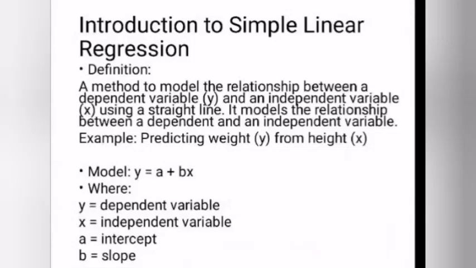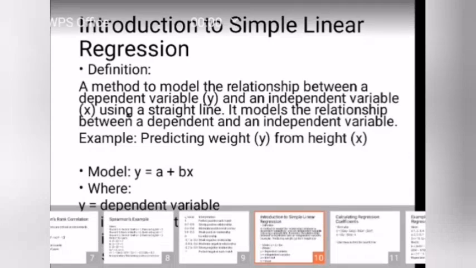The formula for getting the line is y is equal to a plus bx. That's the formula you use in getting the equation of the line. So y is the dependent variable, x is the independent variable, a is the intercept, and b is the slope.